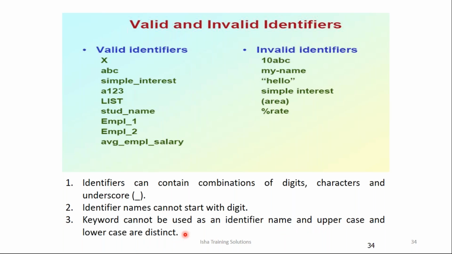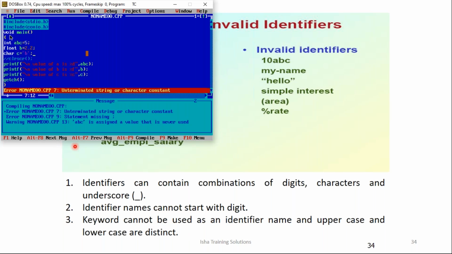Fine. I will say this and I will conclude the class today. Keywords are simply int, float, char. Printf is also a keyword. clrscr is also a keyword. getch is also a keyword. main is also a keyword.